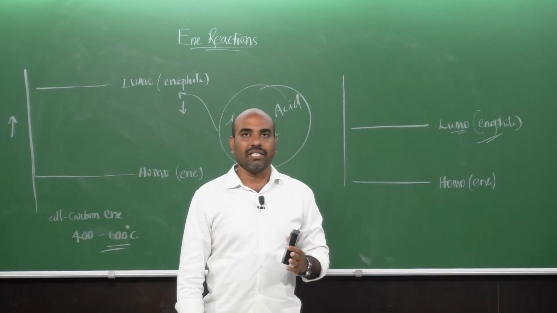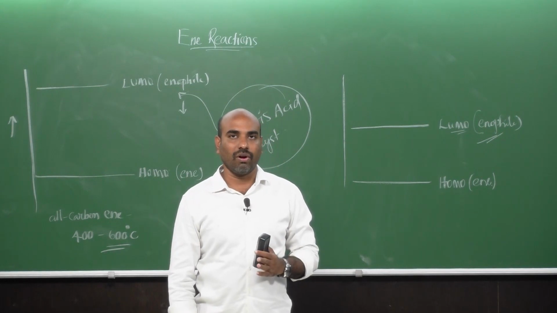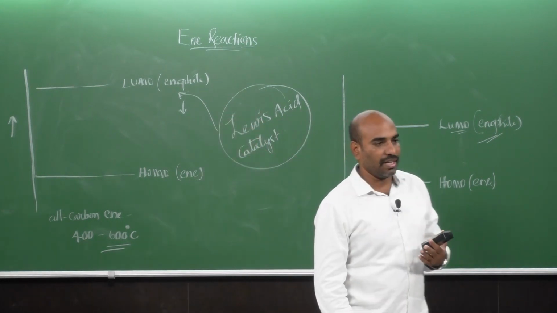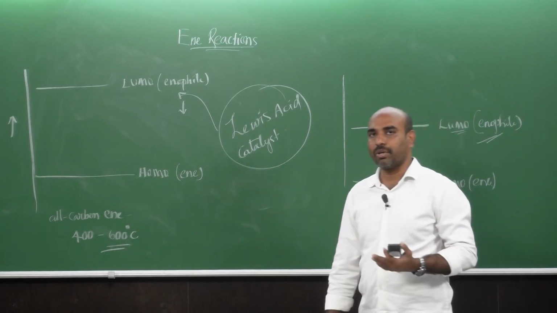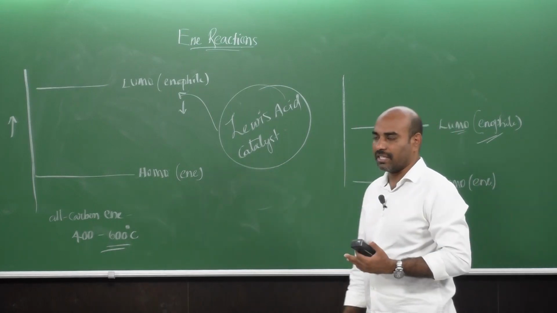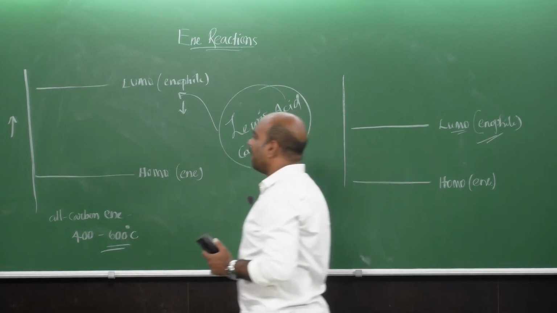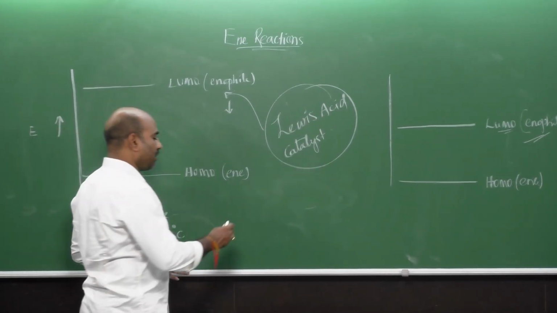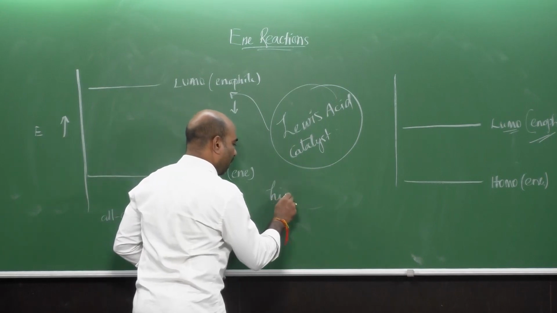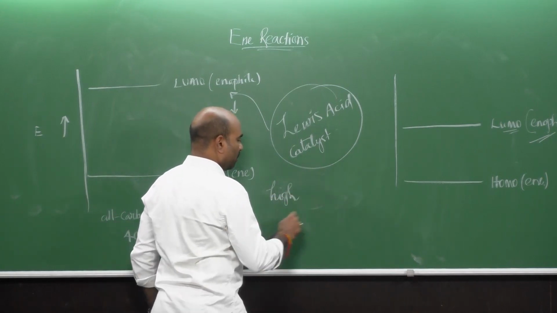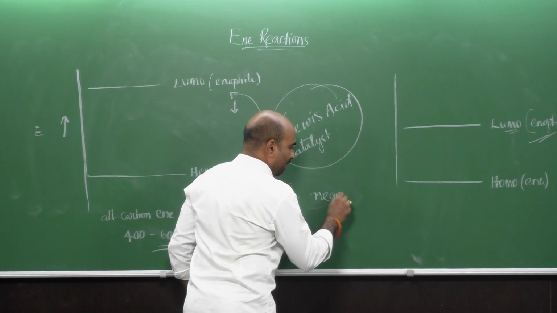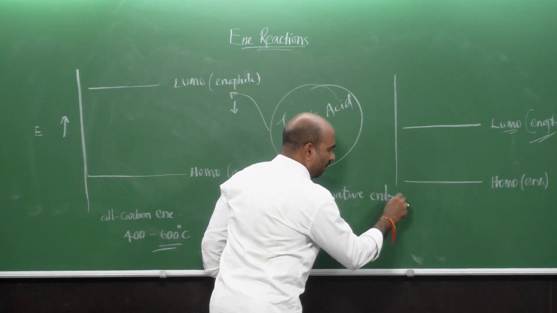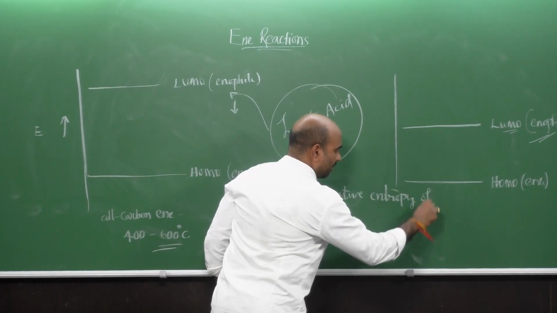These ene reactions will have high degrees of negative entropies. In the case of intermolecular ene reactions, the entropy will be minus 30 calories per mole also. So, they are also able to show high negative entropy of activation.